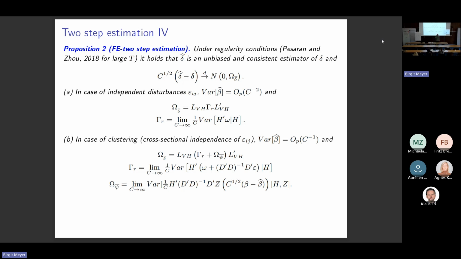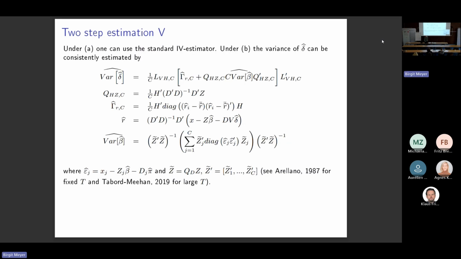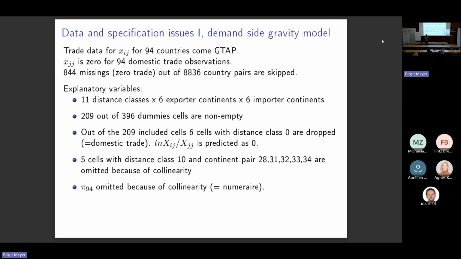And it turns out, I've learned that, it depends on the setting you have. Maybe we go on and then go to the empirics. And this is quite tricky. In the end, you estimate the beta and you use n squared observations for that.